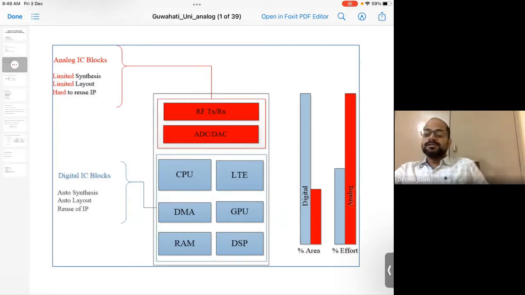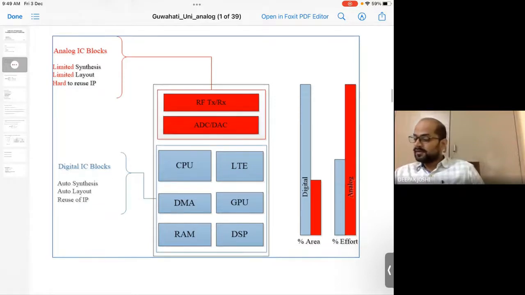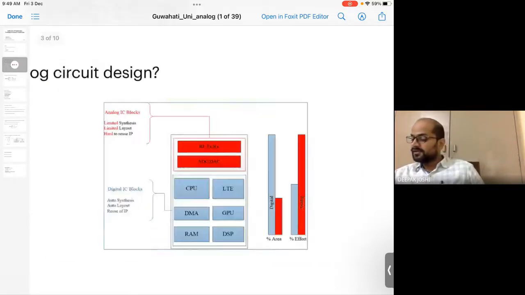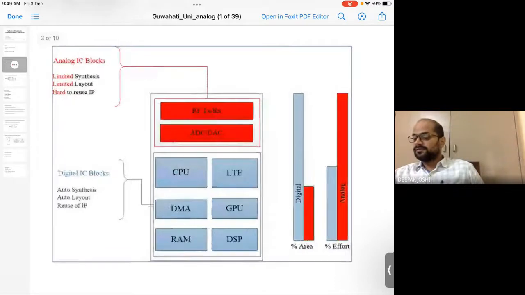Similarly, filters cannot be the same, and mixers cannot be the same. So they have to be designed separately, and that is why it takes a lot of time. That is how analog IC blocks and digital IC blocks differ in approach.